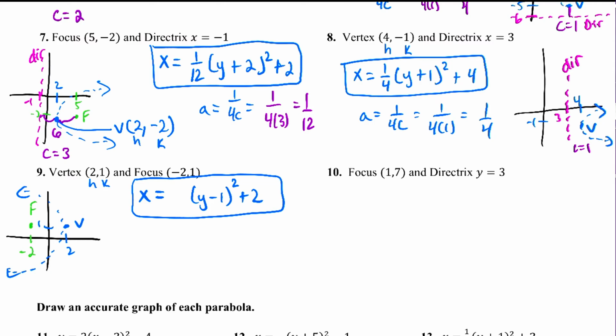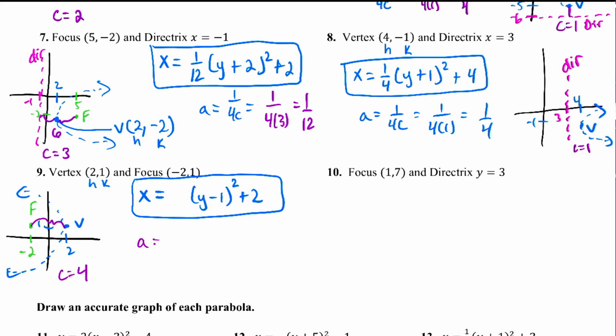Okay. So now I need to find my a value, which means that I need to figure out what c is. So C is the distance from the focus to the vertex. So I am just counting this distance. So if I'm going from -2 to 4 as I'm counting, that's going to be a distance of 4. So that means that my C is equal to 4.